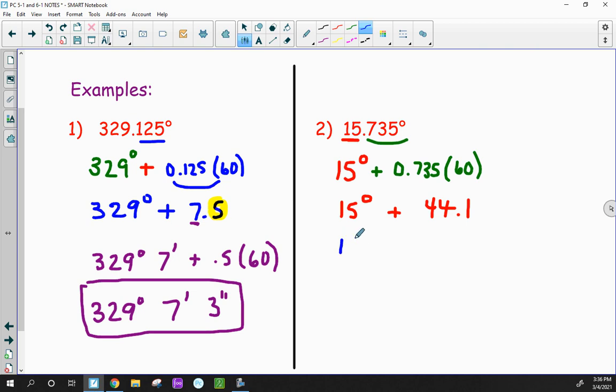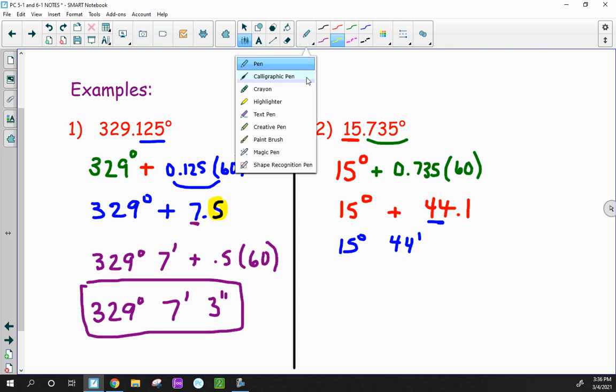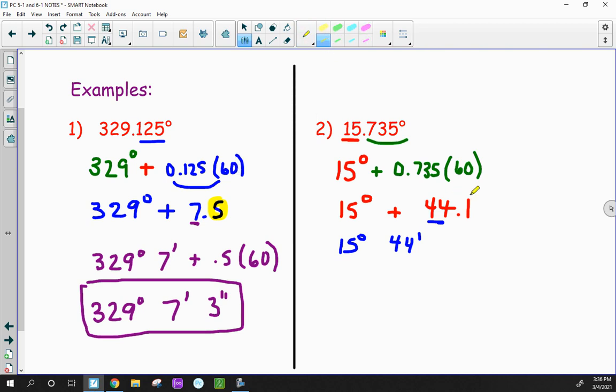Using the same logic from example 1, you take the whole number part, and that automatically becomes the minutes in this answer. So 44 minutes. Then you take this part that I am highlighting, and that part is going to help you find the seconds.